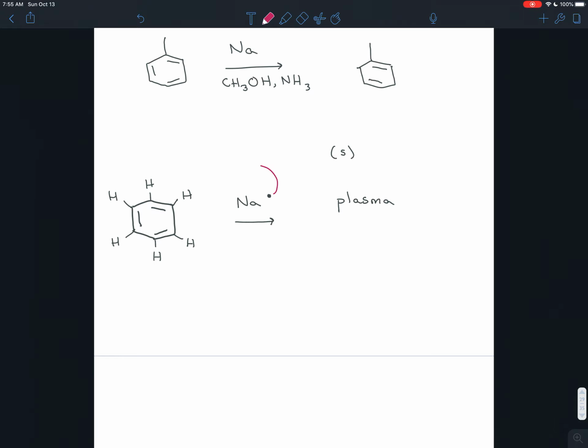It's a radical reaction. The sodium donates an electron to one of the carbons. And that would be very, very unstable. The pi bond that's there donates one of its electrons to that same carbon, so we're sort of passing the baton of the radical now. The other electron goes to the pi bond next door.